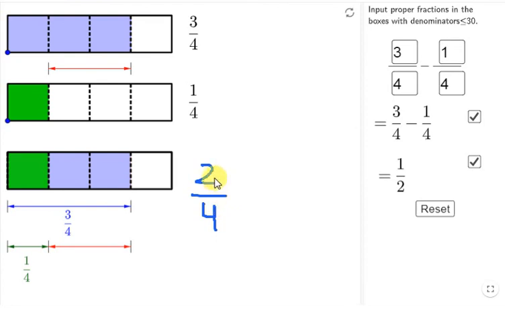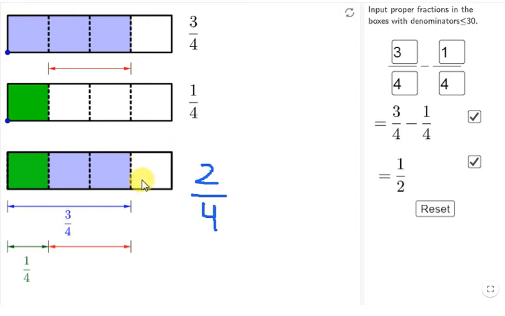When we actually understand fractions, we do not get shocked that we do not subtract the denominator and keep it as it is, like 4 is not changed. We have just subtracted the numerators, 3 minus 1 equals 2. And why we did that, I have shown you by visualizing it.